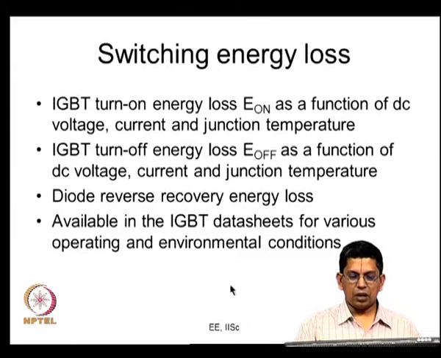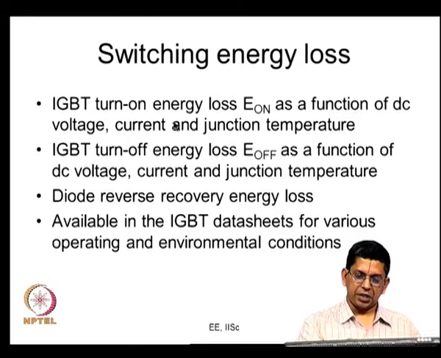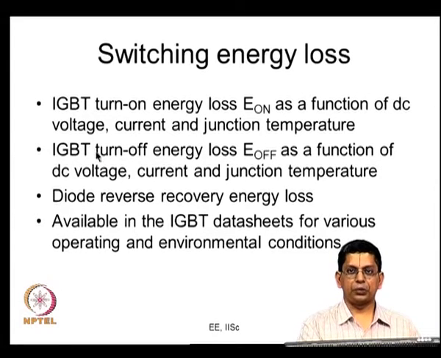So this E on and E off, the turn on energy loss and turn off energy loss, are important for us to evaluate the overall switching loss. So the IGBT turn on energy loss, how much is that? Is it 10 millijoules, 50 millijoules, 75 millijoules, 125 millijoules? It actually depends on the DC voltage, obviously, because power is the product of voltage and current.